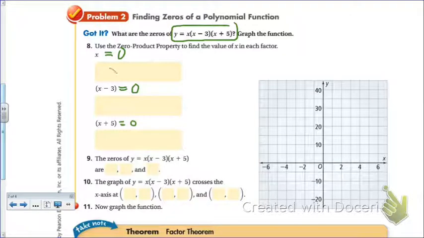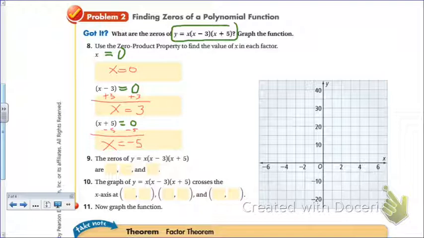So obviously x equals 0 is still just x equals 0. If you add 3 to both sides, you get x equals positive 3, and if you subtract 5, you get x equals negative 5. So these are your zeros, and they're called zeros because those are the places where y equals 0 on the coordinate plane.